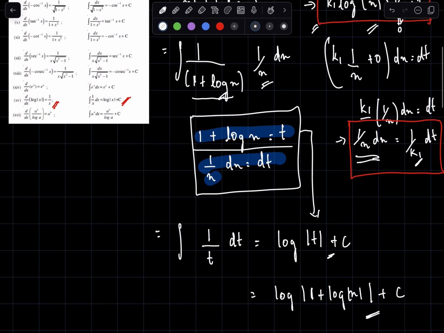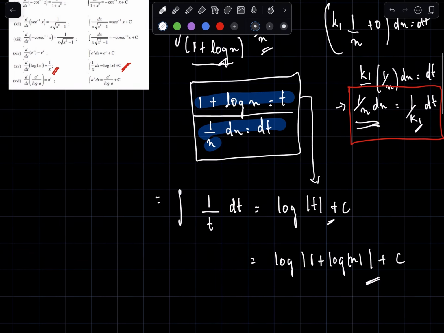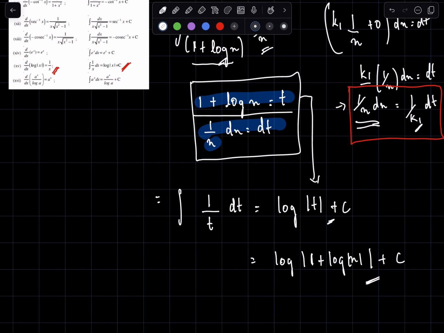So this is going to be the third answer. Let me confirm if I am right. It should be right. Just checking. Yes, absolutely right. Okay. So that is the answer. So we're done with question number 3.